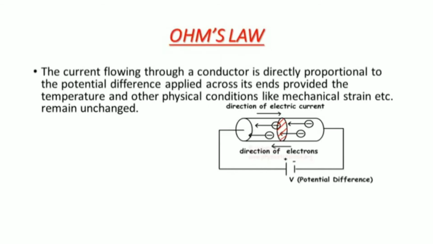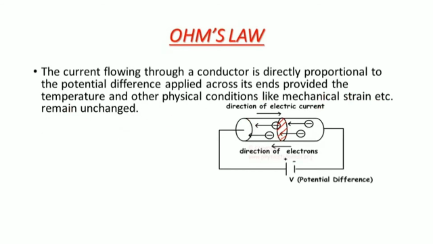So what is Ohm's law? The current flowing through a conductor is directly proportional to the potential difference applied across its ends. What is the condition? The condition is that temperature should be kept constant and mechanical strain etc. should remain unchanged.